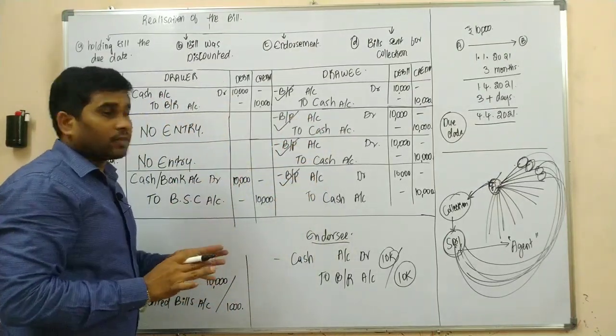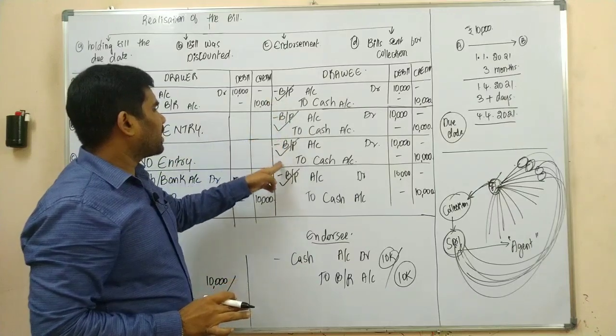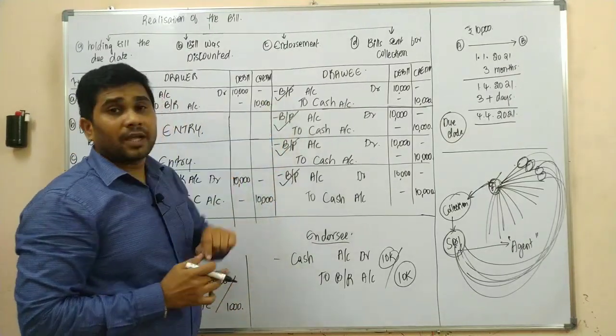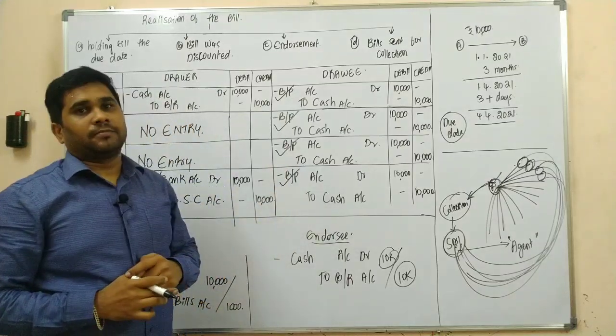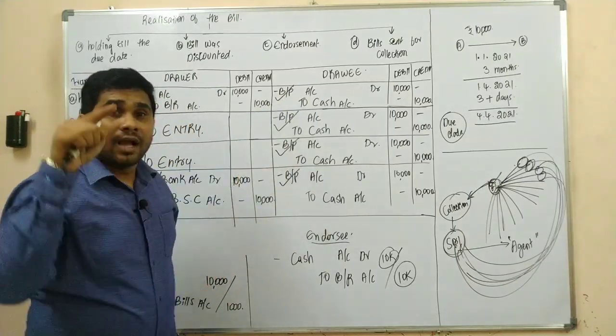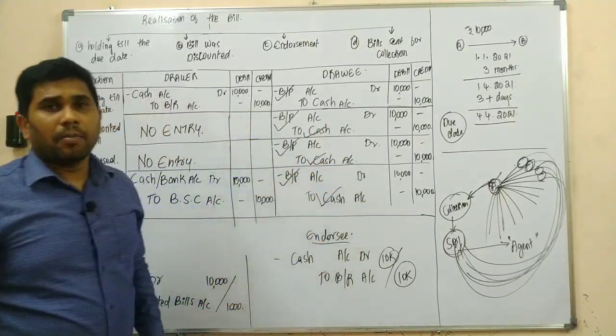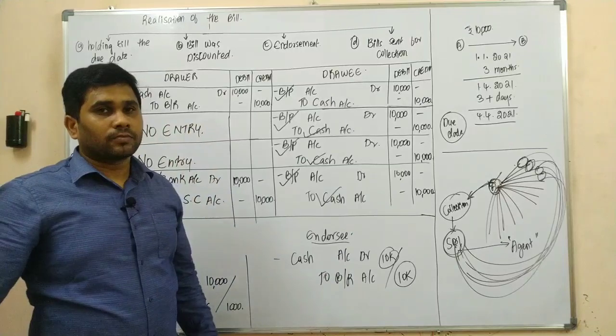Whatever could be the case, your bills payable would always be debited, because you're cancelling the bills payable. That is nothing but a liability. You're cancelling the liability, and the cash account is always credited because you are paying the cash.